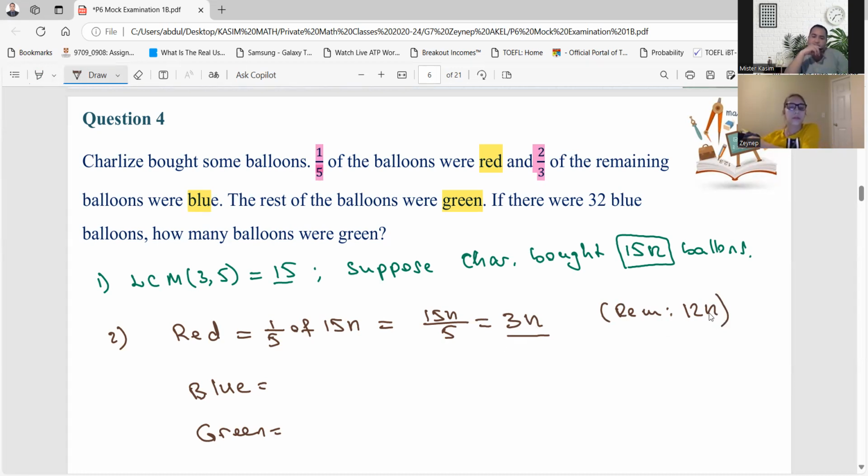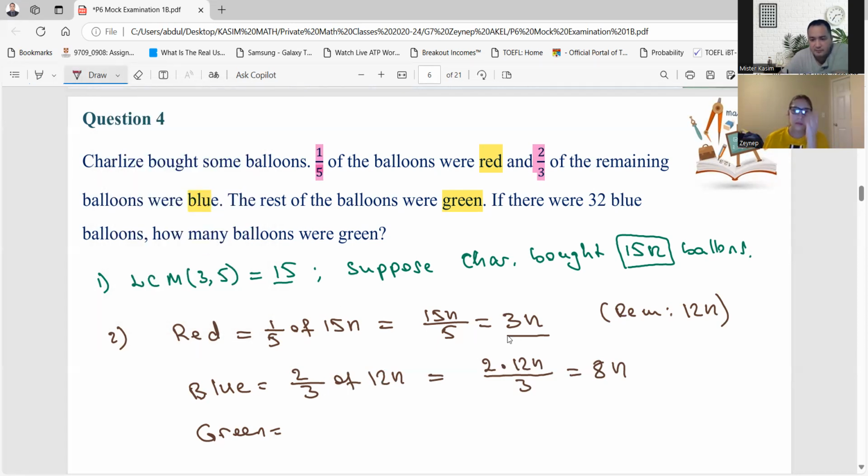And blue, it says that 2/3 of the remaining. Remaining is 12N. So of means times again. That's equal to 2 times 12N divided by 3. 2 times 12 is 24, divided by 3, it is 8N.